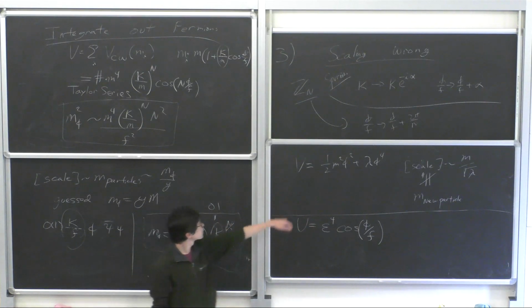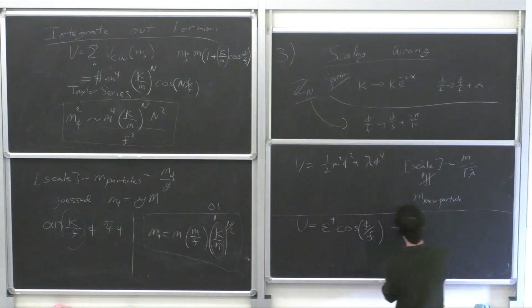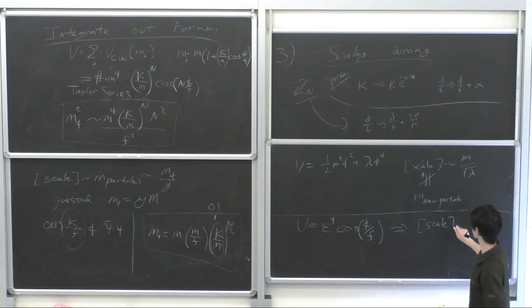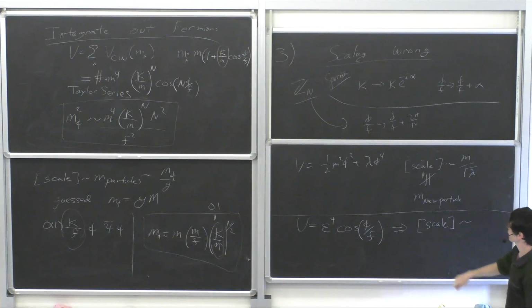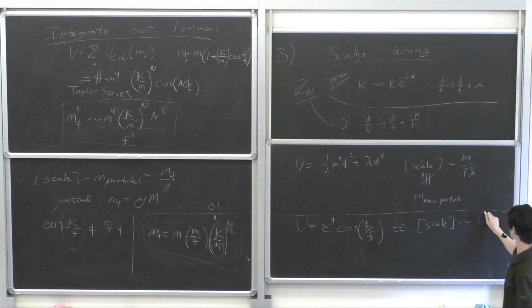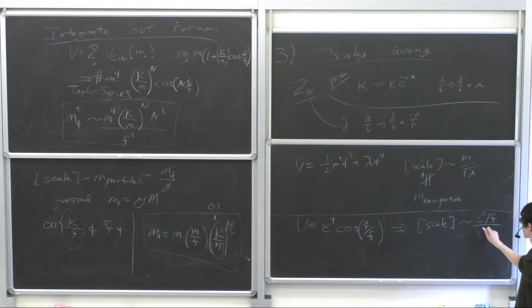Okay. Notice this is saying the scale that you're guessing here is the mass term, which is epsilon to the fourth squared over f, divided by the quartic coupling, which is epsilon squared over f squared, is of order f.